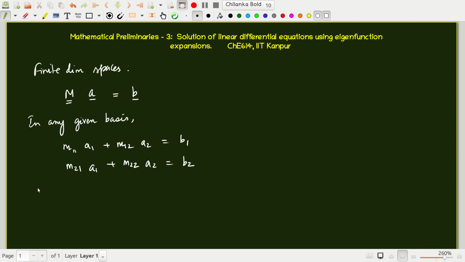So these are a set of linear equations that are simultaneous or coupled.